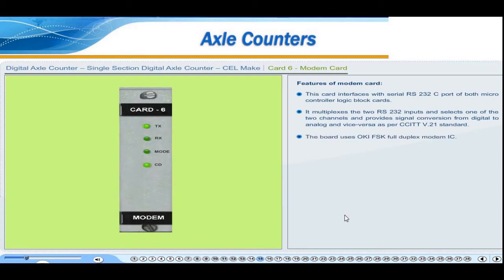The board uses an OKI FSK full duplex modem IC. 300 baud rate. Originator, entry unit, and answerer, exit unit, are selected for V21.